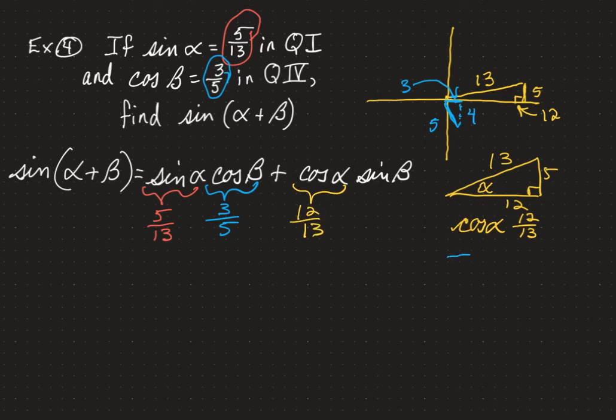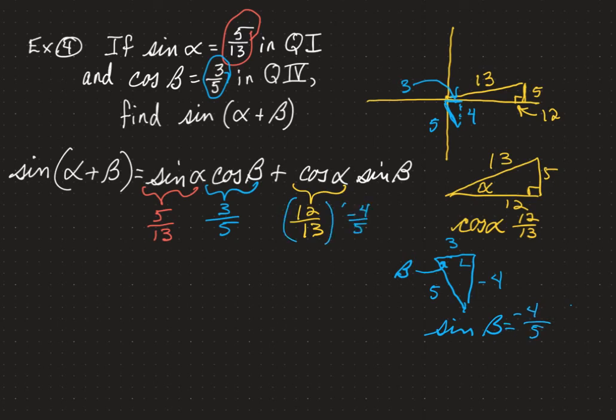Now let me draw the other triangle a little bit bigger so it's easier to see. Quadrant 4, our y value will be -4. 3 and 5 are the sides of the 3, 4, 5, right triangle. And I need the sine. Oh, and where's beta? Right in here. So the sine of beta would be the opposite, which is -4 over the hypotenuse, which is 5.